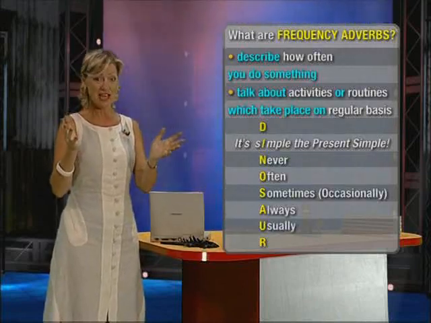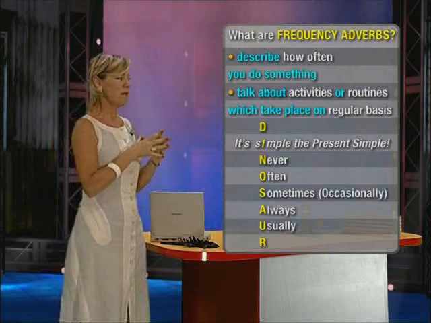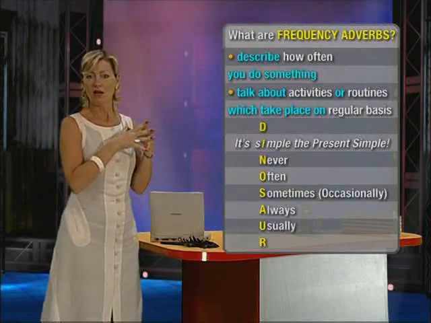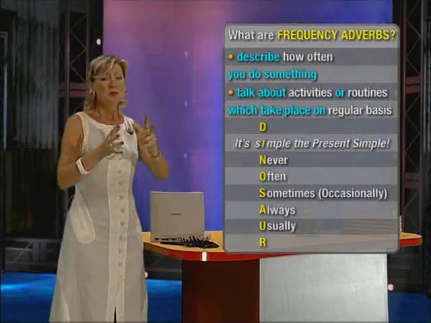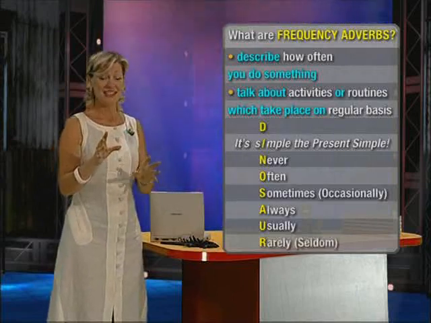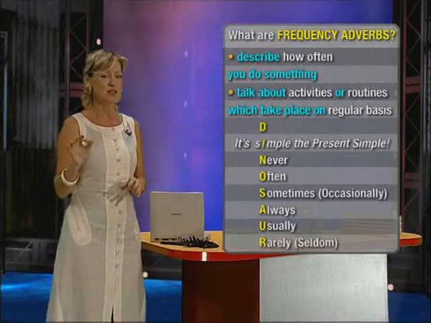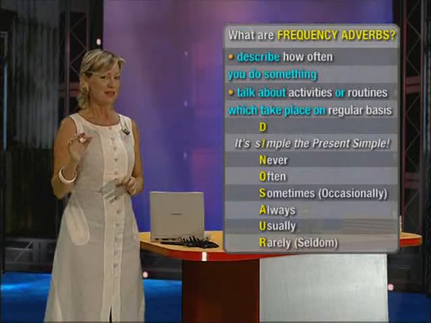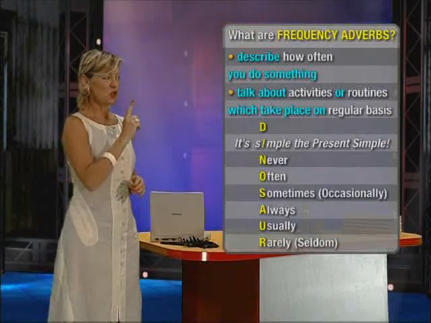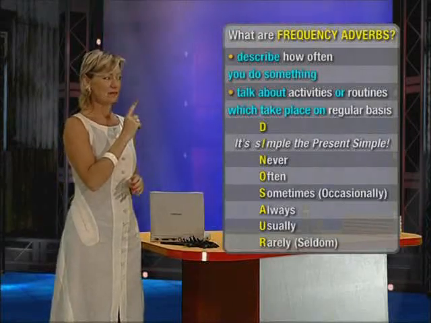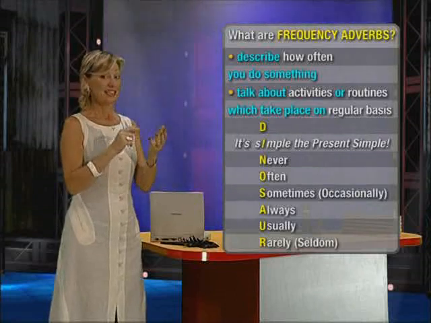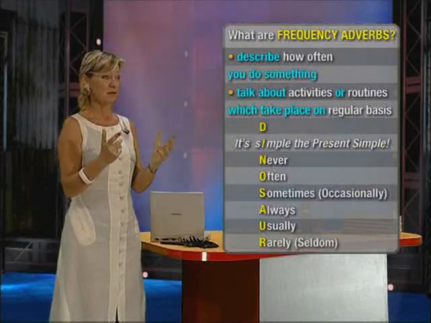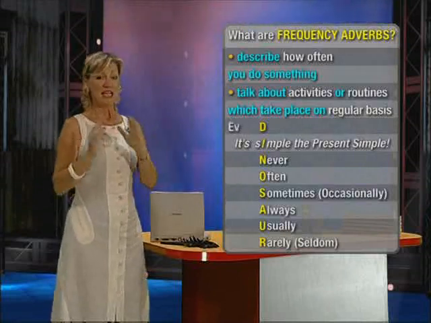Usually, it's a habit. What about R? R stands for rarely. That's difficult to pronounce. Rarely. And the last one, look at the top. We've got D. Monday, Tuesday, Wednesday, Thursday, Friday, Saturday, Sunday is, a bit strange this, every day.